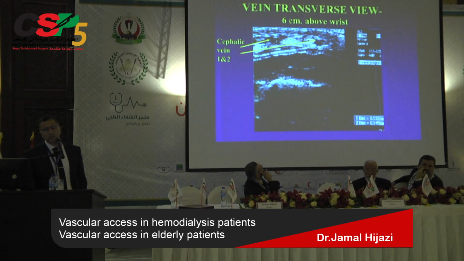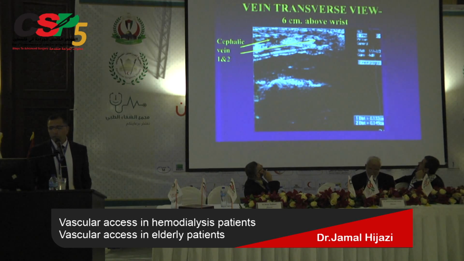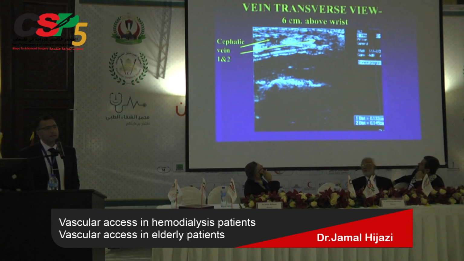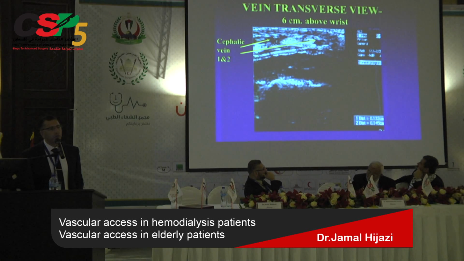Another example for cephalic vein, we can see two branches here, lateral and medial branch with a small diameter. If I see this patient and I do a fistula for him, for me the failure rate for this fistula is very high. So I don't want to do a cephalic vein fistula for him.